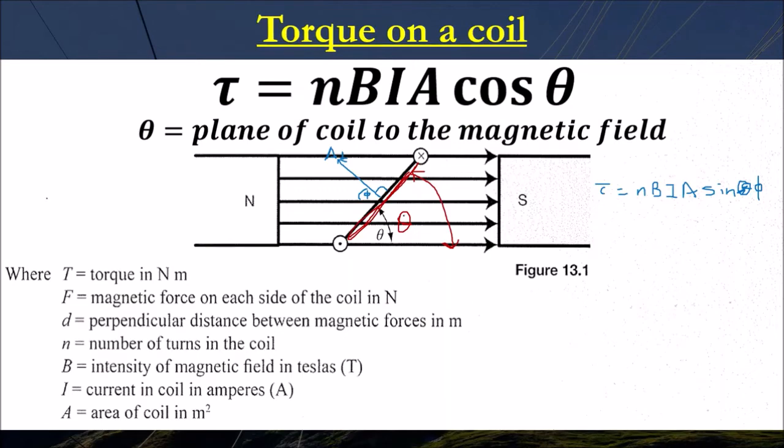If the plane of the coil is your reference point, you can use cos instead. If you're using this angle here, it's the area vector to our magnetic field.